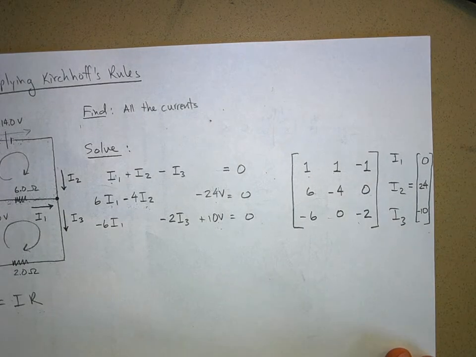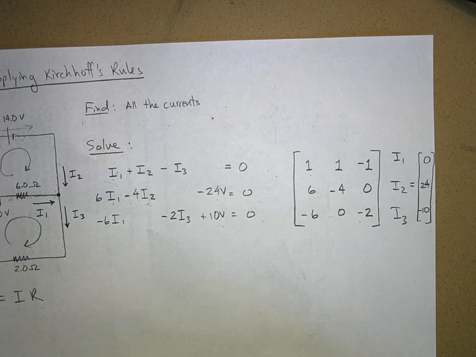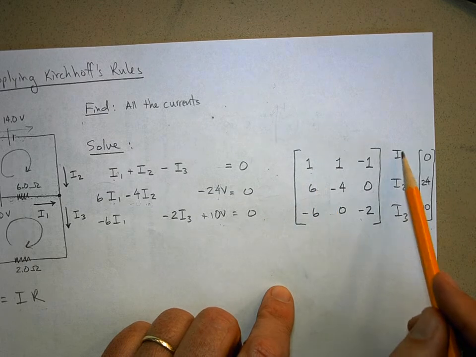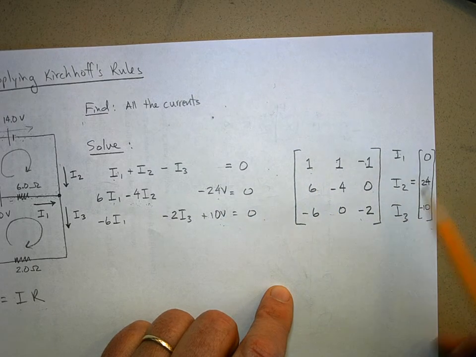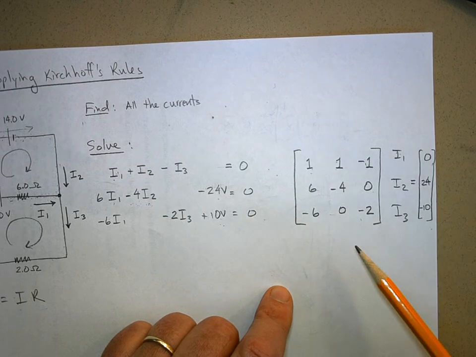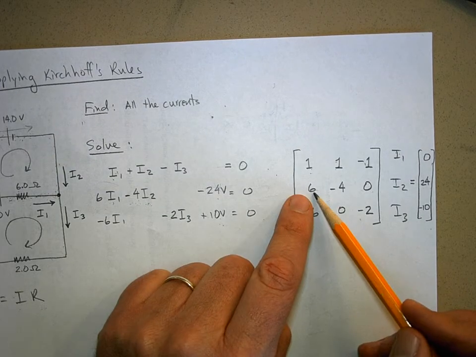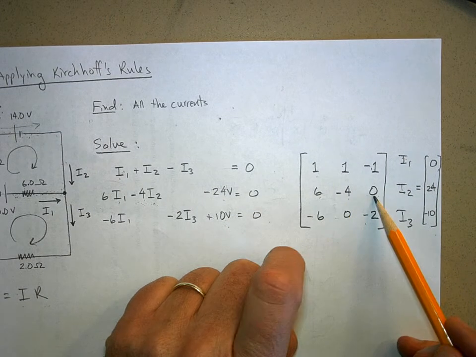It's pretty cool. The way you reconstruct this, if you're given this, is you go this times this plus this times this plus this times this equals that. Then you do the second row. This times this plus this times this plus this times this equals that.